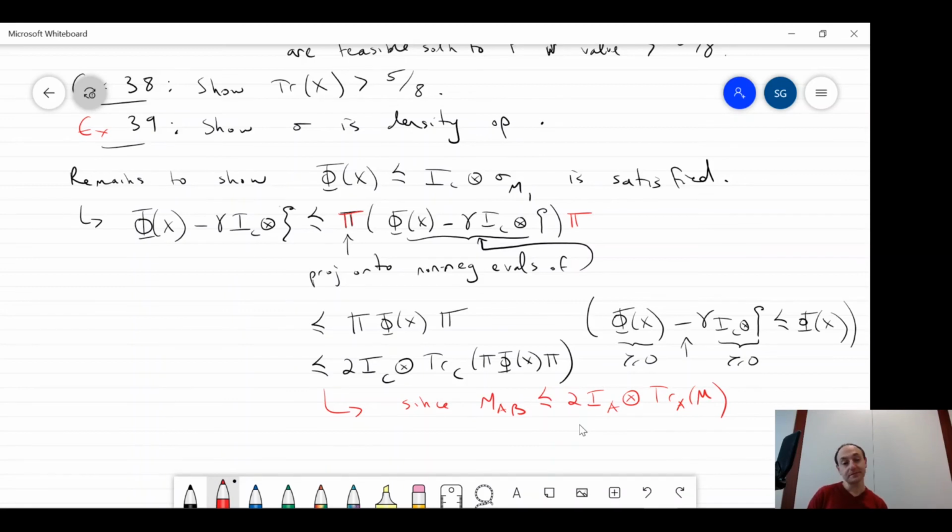Okay? The one place where you really see this happening is that if M, say, is a projector onto the Bell state on 2 qubits, you will precisely need to put in this prefactor of 2 to get equality here. You can't get away with anything less in the worst case.